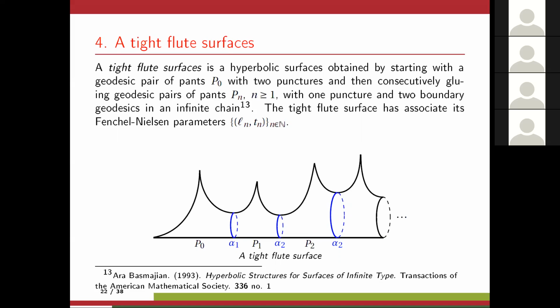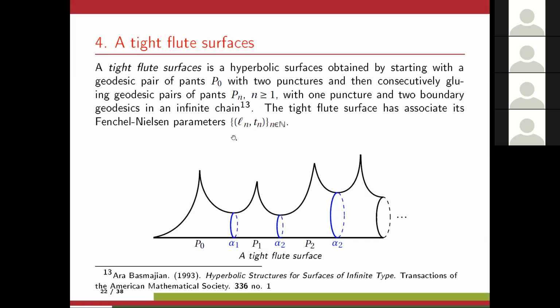I glue in these geodesic pairs of pants like an infinite chain, right? You can see a picture of a type flat surface coming from this identification using geodesic pairs of pants.